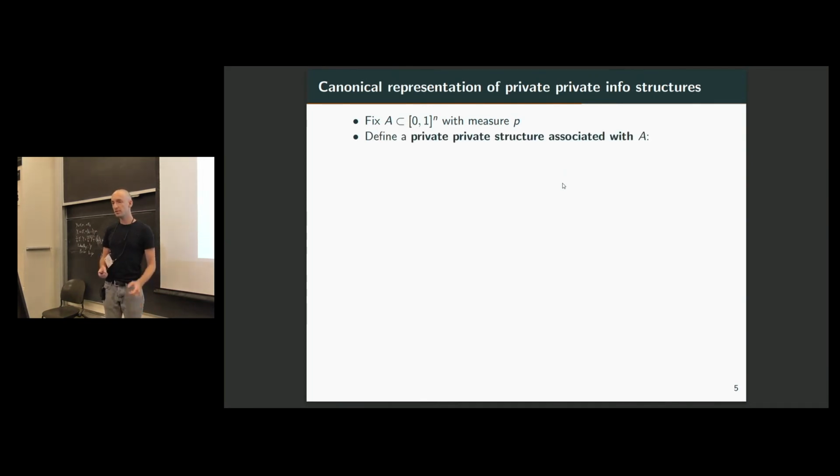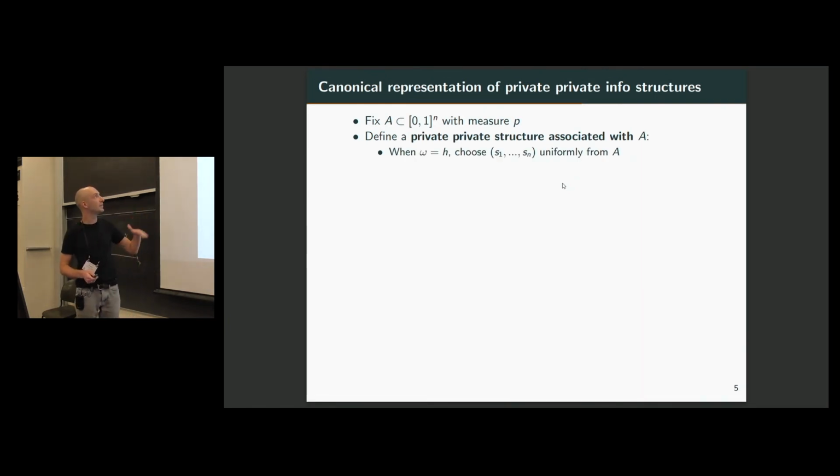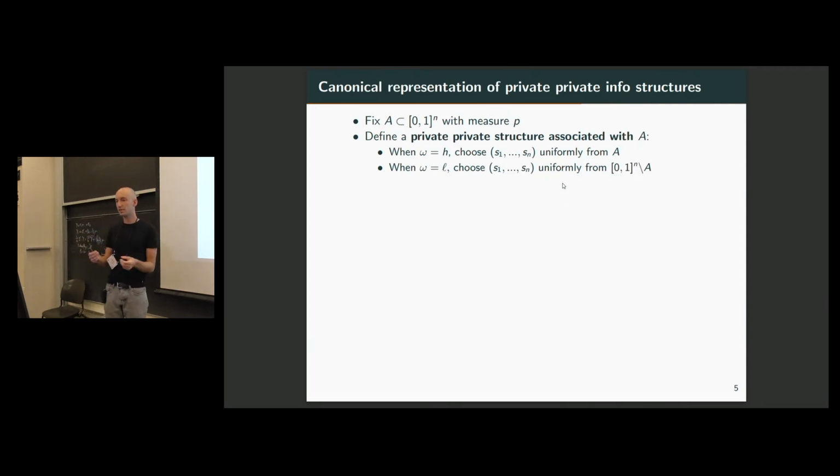And what I want to define is a private information structure associated with this set A. It is constructed the following way. If the state is high, we sample the collection of signals uniformly from the set A. And if the state is low, we sample the collection of signals uniformly from the complement of A.